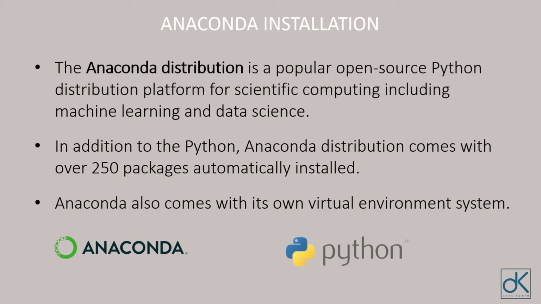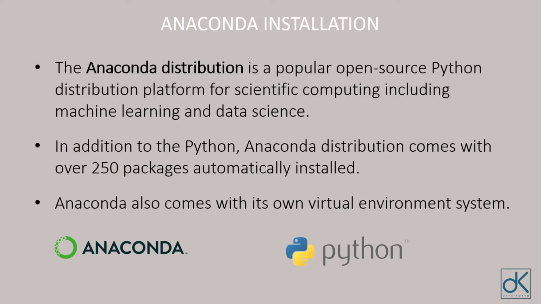The Anaconda distribution is a popular open source Python distribution platform for scientific computing, including machine learning and data science. In addition to Python, Anaconda also comes with over 250 packages automatically installed, so you don't have to worry about installing every library you work with.